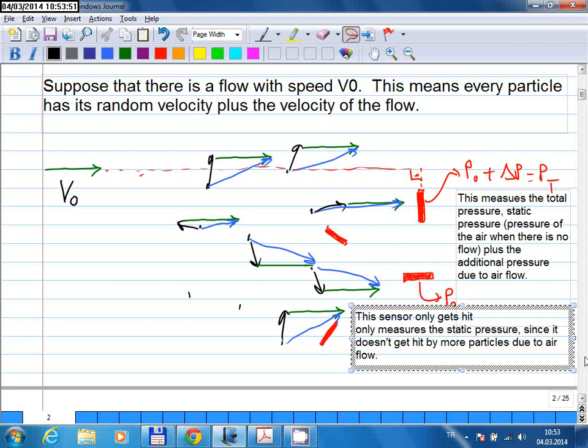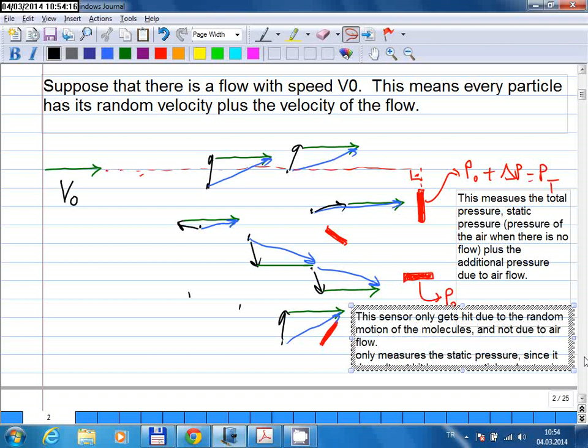Okay, so this sensor only gets hit due to the random motion of the molecules and not due to airflow, because the airflow is parallel to that, right? The velocity component due to airflow doesn't cause molecules to hit the transducer.